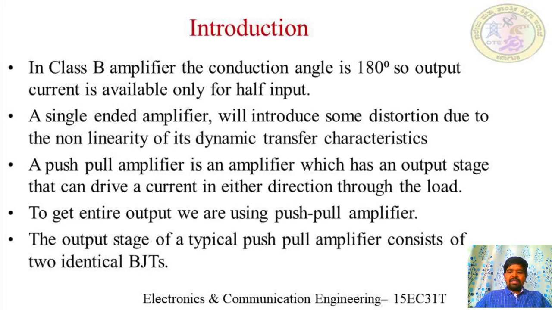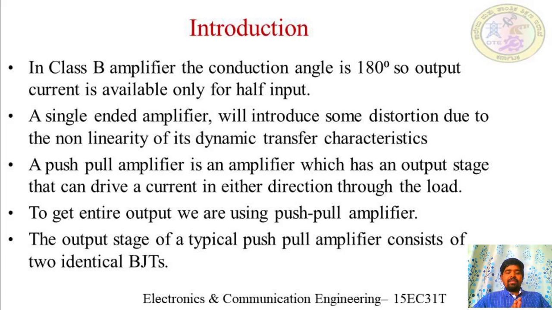In the previous sessions you have already learned about different types of power amplifiers. Power amplifiers are classified mainly based on the conduction angle, as class A, class B, class C and class AB amplifiers.